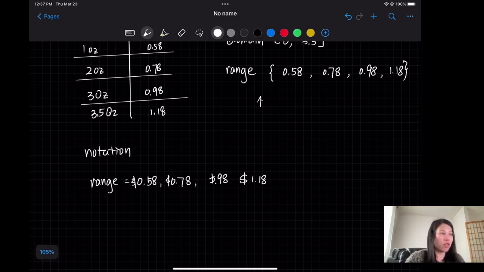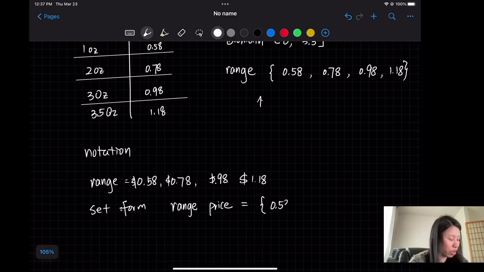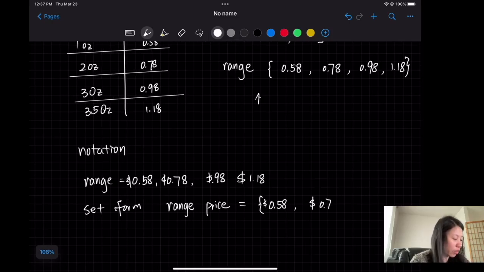These numbers represent a set of specific values, so we can write it in set form. In set form you write with curly brackets. So I have the range, which in our case is the price, equals these numbers: 58 cents, we can have the dollar sign, 78 cents, 98 cents, and $1.18.